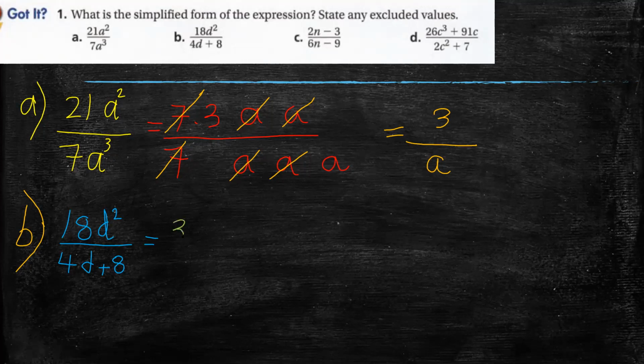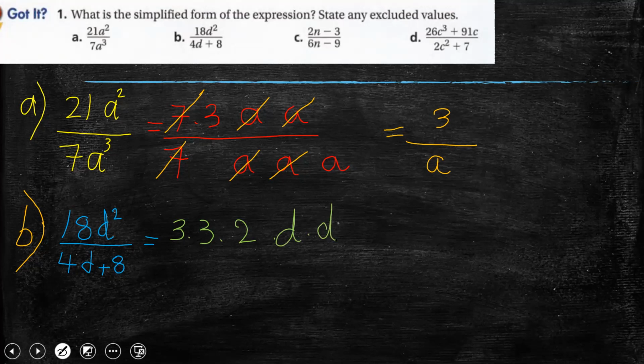The factors of 18 are 6 and 3, and 9 and 2, which is 3 times 3 times 2. So here we have 3 times 3 times 2 times d times d.